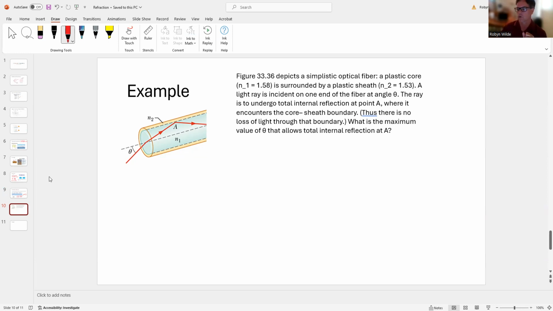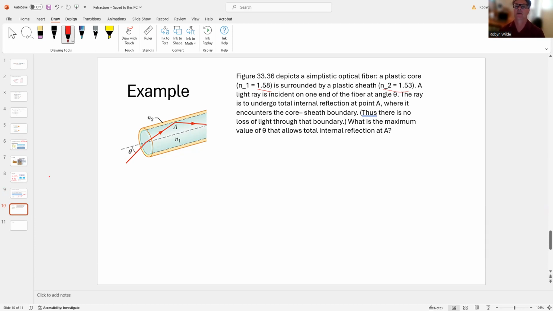It has a plastic core with an index of 1.58, surrounded by a plastic sheath with a slightly lower index. So light goes a little faster in the outer sheath than in the core of the fiber optic. A light ray comes in, is incident right here, and then refracts.